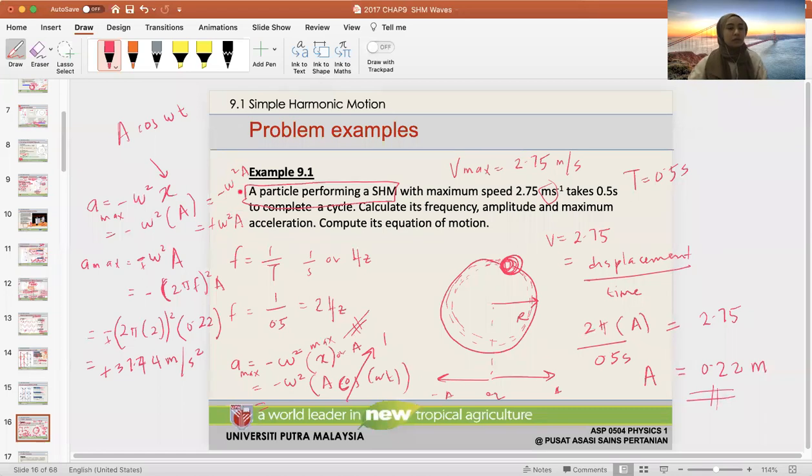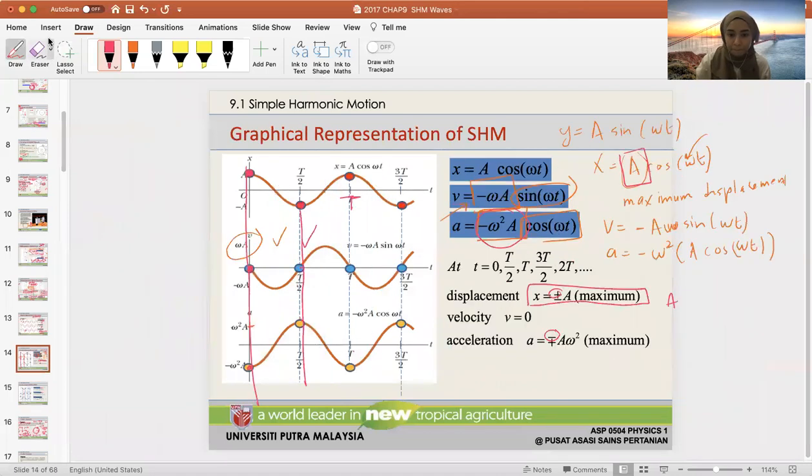Okay, so if you can't remember that A max occurs at negative A, you can just substitute A and give me the positive answer. That also works, because actually it is a negative and positive situation. Look at the equation again. Here, acceleration is negative or positive A omega squared, so it doesn't directly say whether it is negative or positive.